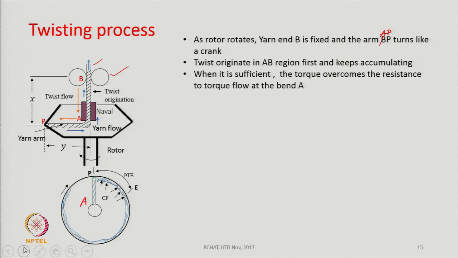When sufficient twist has been generated, the torque overcomes the resistance to the flow at the bend A. So, here the yarn bends. So, there is a curvature and at the bending point, the yarn is in contact with a metallic surface. So, any contact is a source of frictional resistance to the flow of torque also.